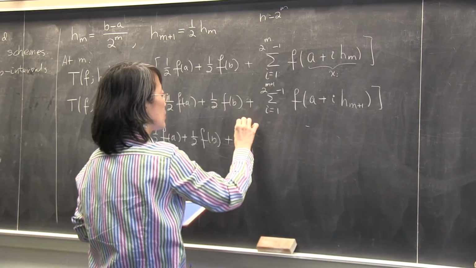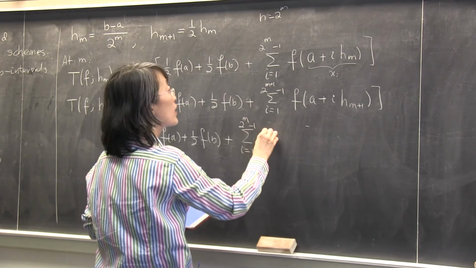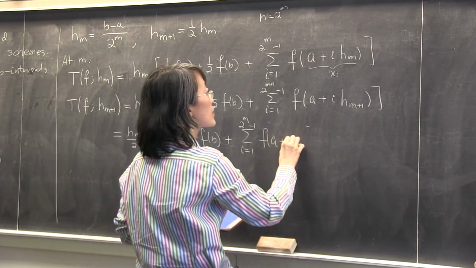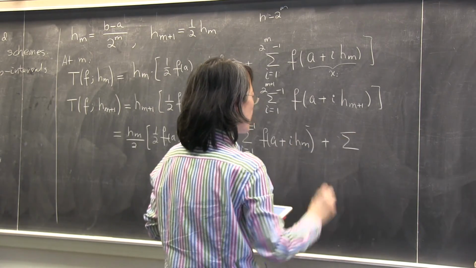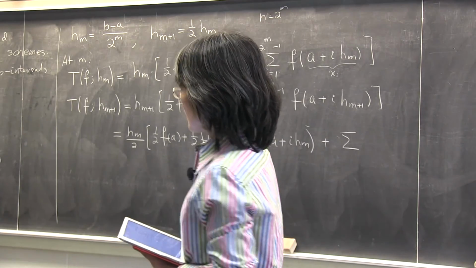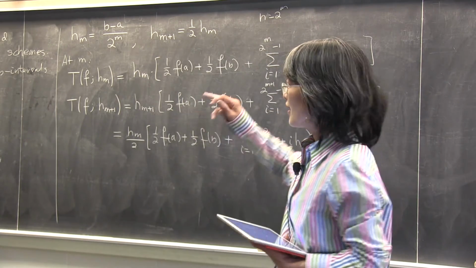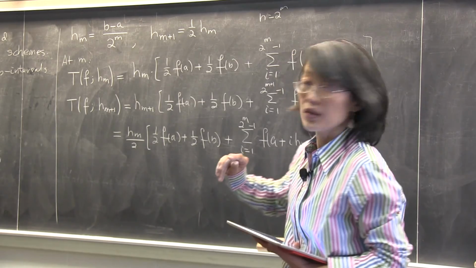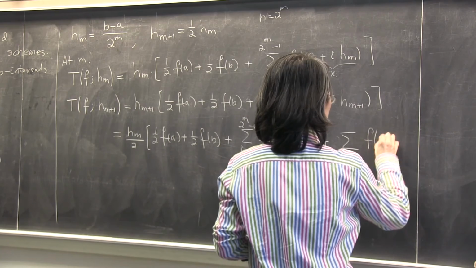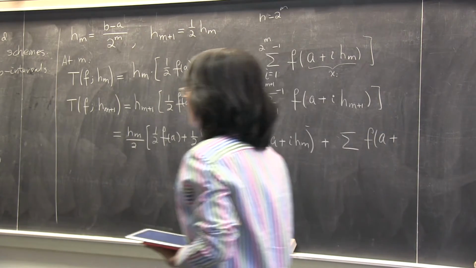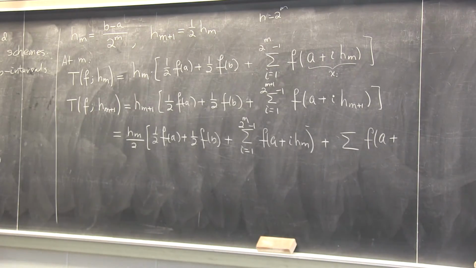So I from 1 to 2m minus 1 fa plus I hm plus, and then all the points that is not included, the newly added one, meaning the odd index one at the level m plus 1, right? Okay, so that will give me f of a plus. So I want to figure out what are these xi's. Well, that will be the length here is h at m plus 1 and all the odd indexes.